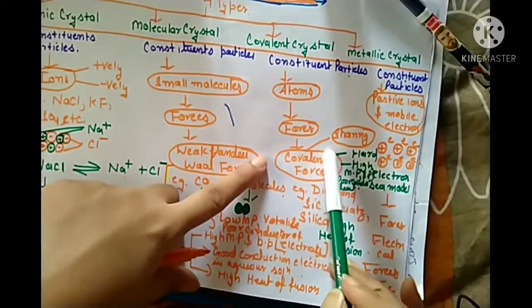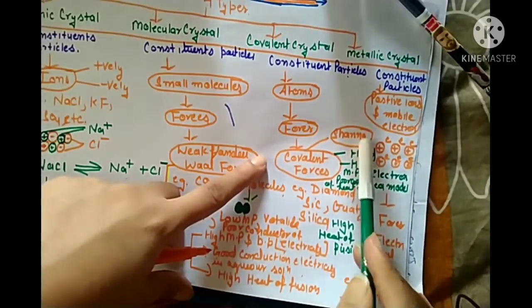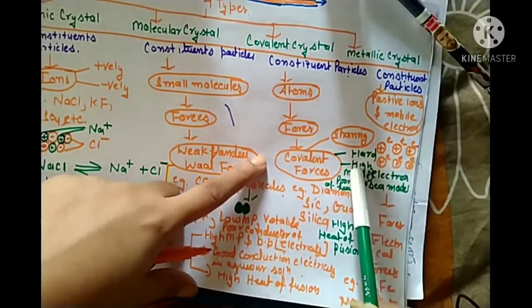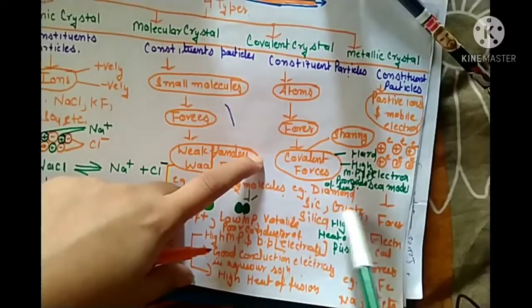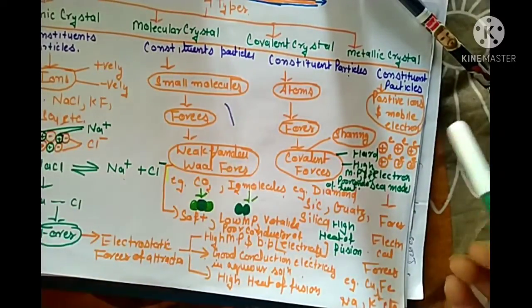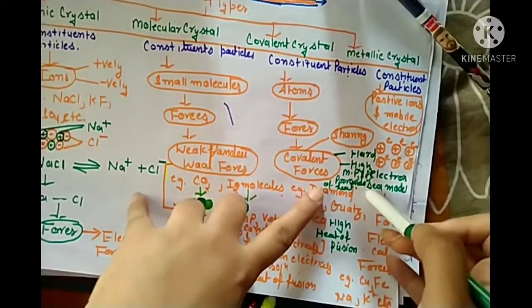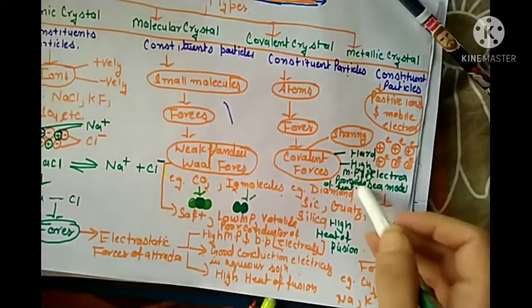Because they have strong covalent forces, that is they are formed by the sharing of electron pairs, that's why they are hard, with high melting and boiling point, and high heat of fusion. And there is no free electron, so they are poor conductors of heat and electricity.